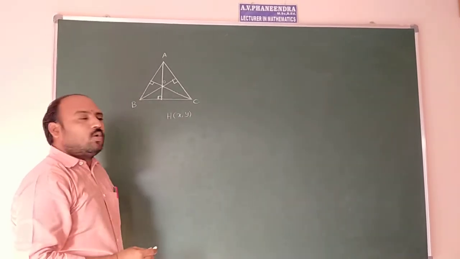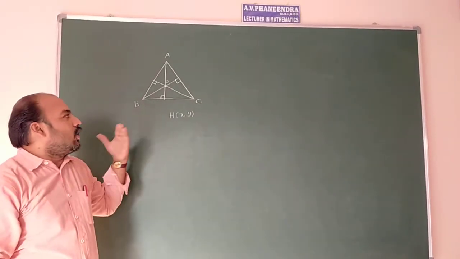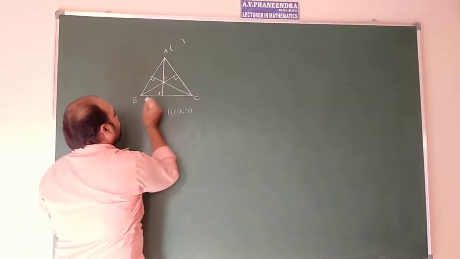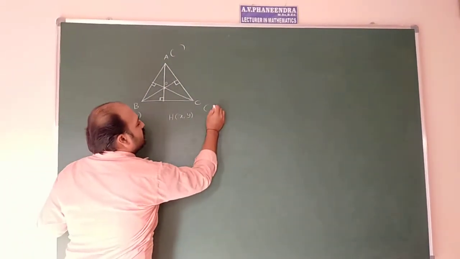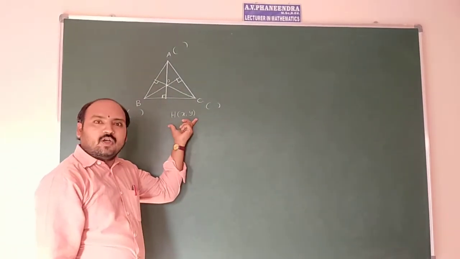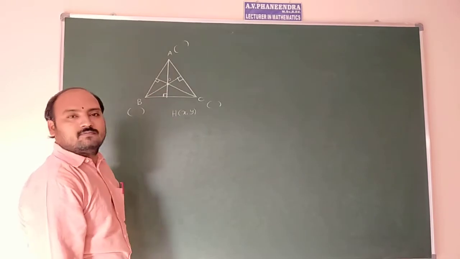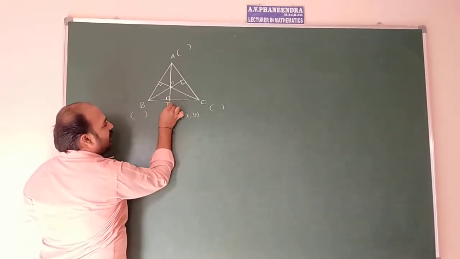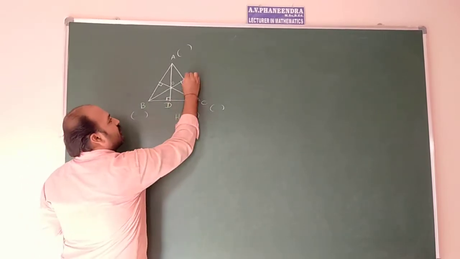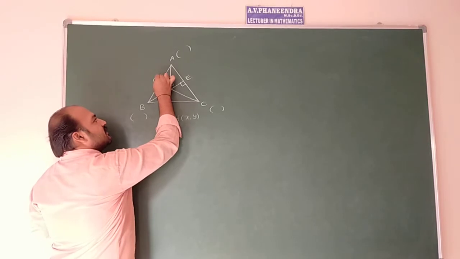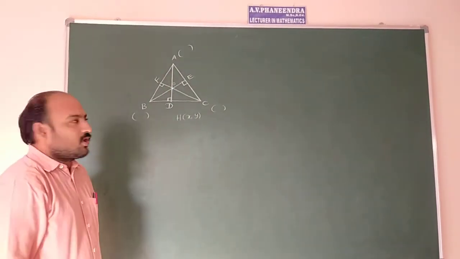So now, how to calculate orthocenter of the triangle when points are given? I am going to explain the procedure. Let H of x comma y be the orthocenter of the triangle. Observe that here AD is one altitude, BE is another altitude, and CF is another altitude.